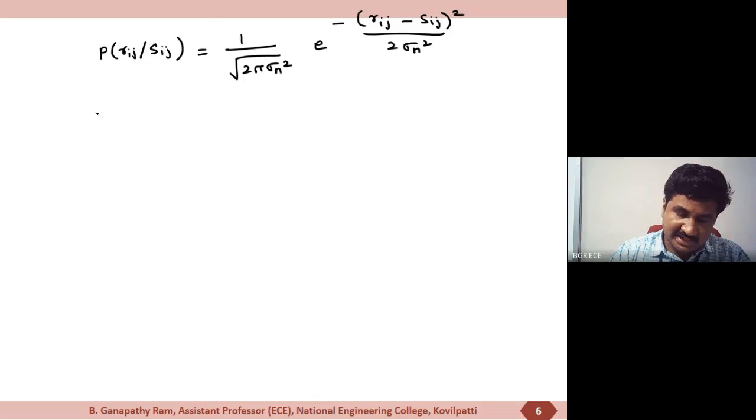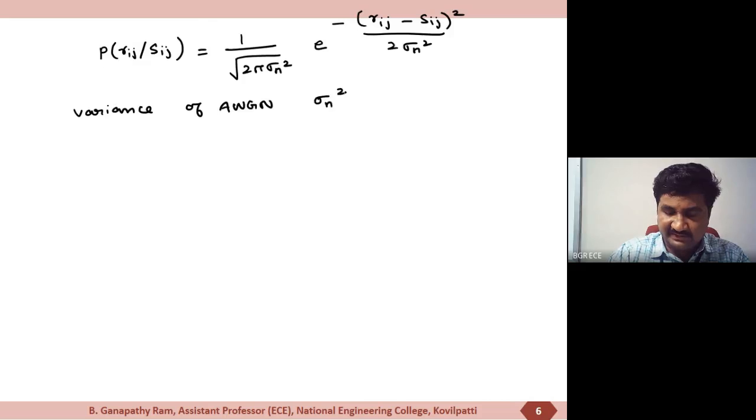And we know that the variance of the additive white Gaussian noise, sigma n square, is equal to N naught by 2, where N naught is the noise power per unit bandwidth.